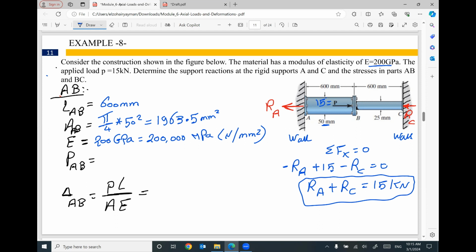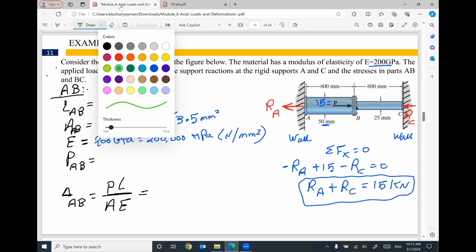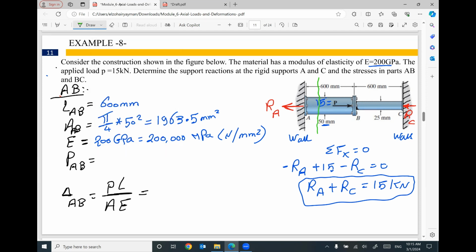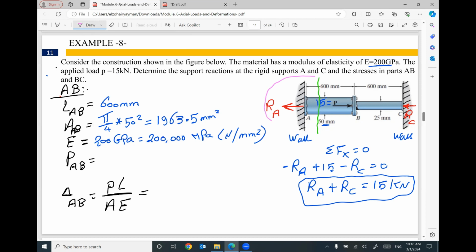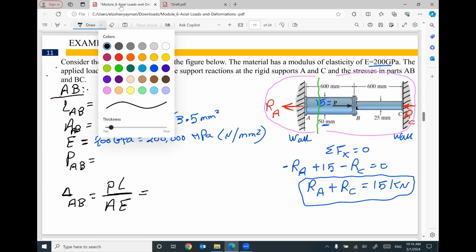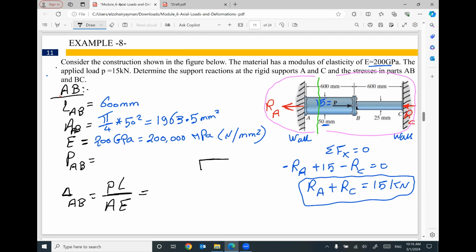The applied force in part AB: I am going to make a cut in this part, anywhere. Then we have two options. You can use the left part or you can use the right part. It's up to you. For me, I'm going to use the left part, which is the smaller part. So we have here the left part. At this end, we have reaction RA.